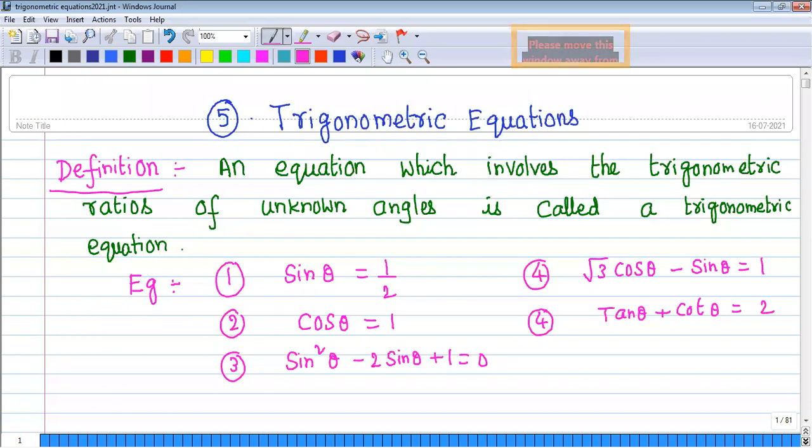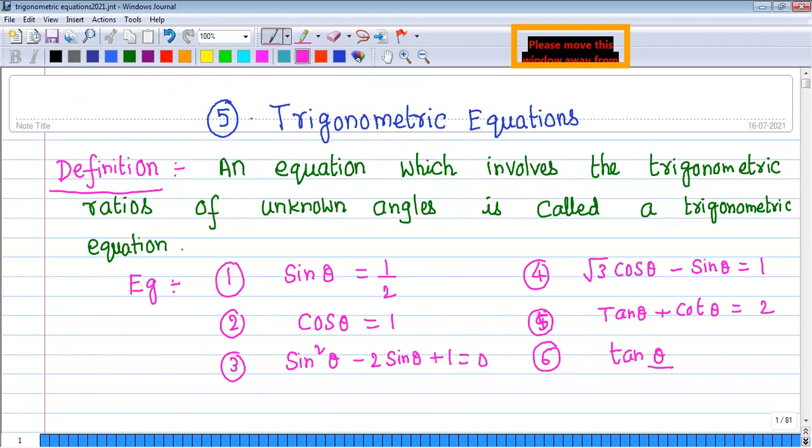Understood now? Any example can you give? Will you share any example other than this? Yes, sir. One more example, tell me. Tan theta by 2. Very good. That also, no problem.